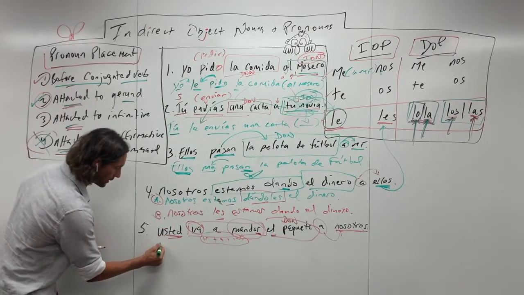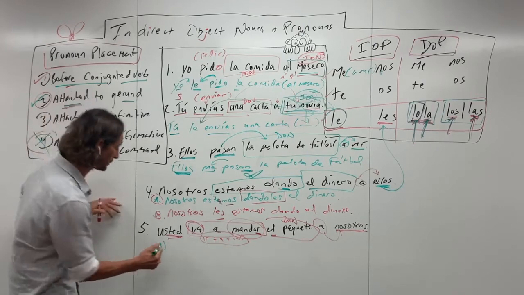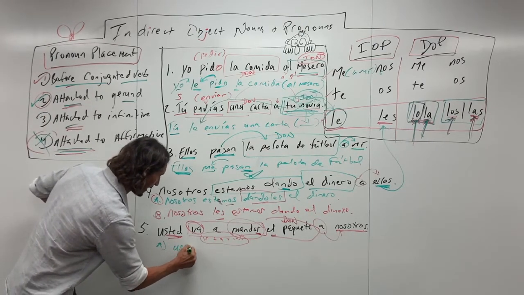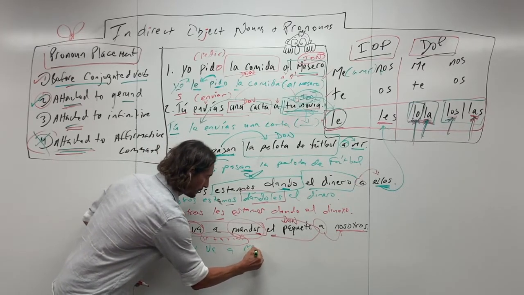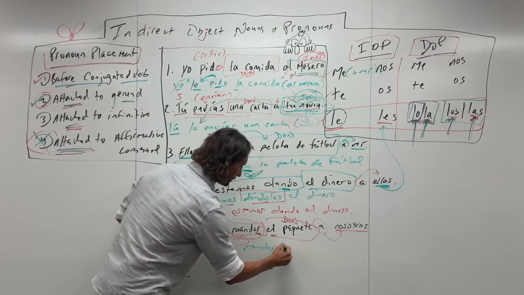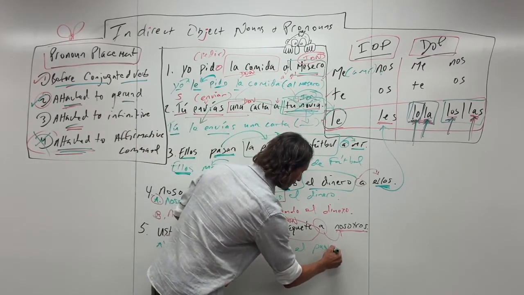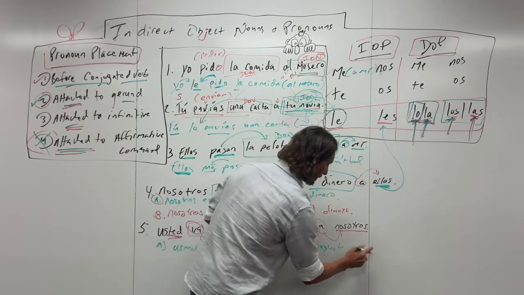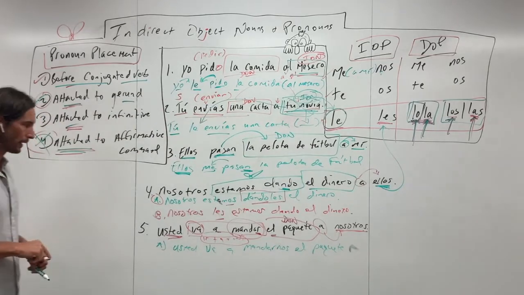And so we, just to stay consistent, A will be green, B will be red. So we'll go with usted va a mandarnos el paquete. We don't need a nosotros. Mandarnos, right?